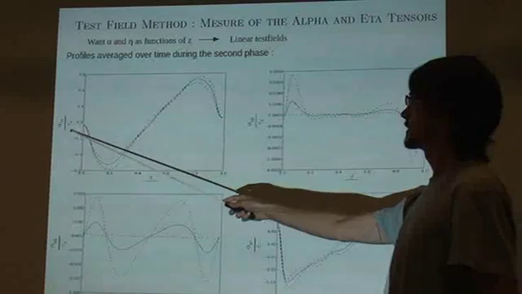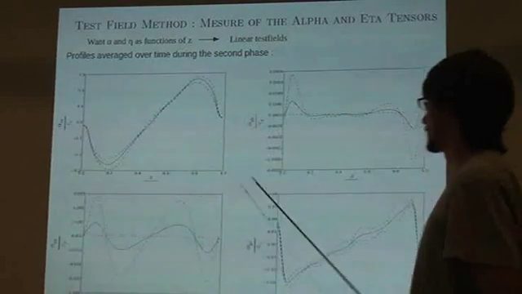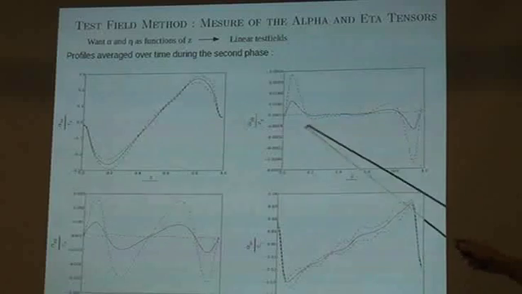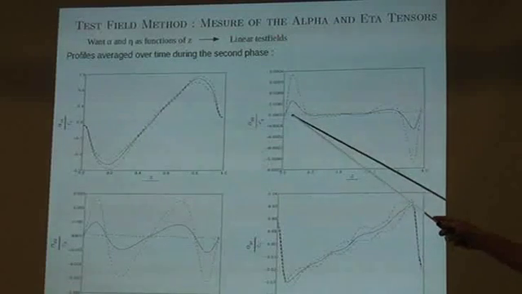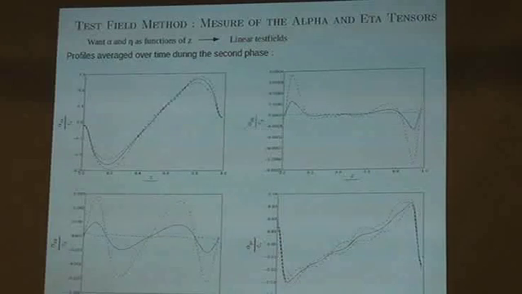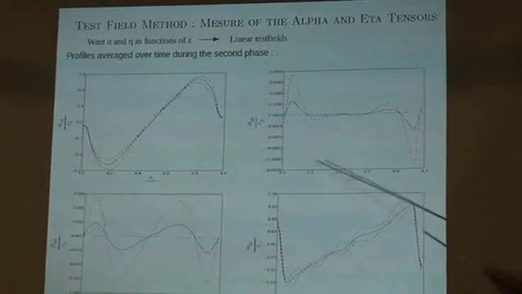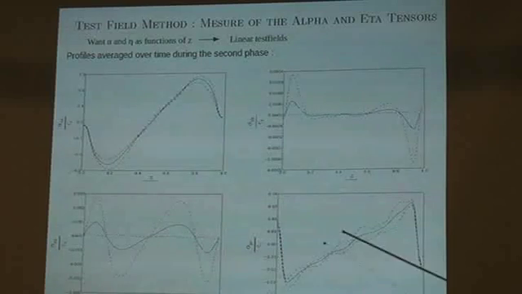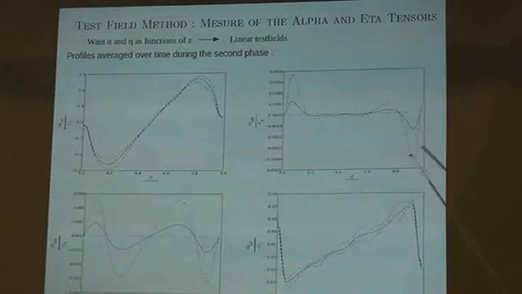This is alpha xx, yy, xy, and yx. The important point here is that this component is very small compared to all the others. It's 10 to the minus 4. And this would be the one that would create the Bx field from the By field, which is what we need because we have shear to create back the By field.